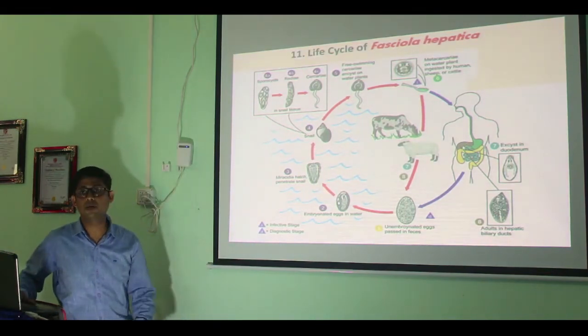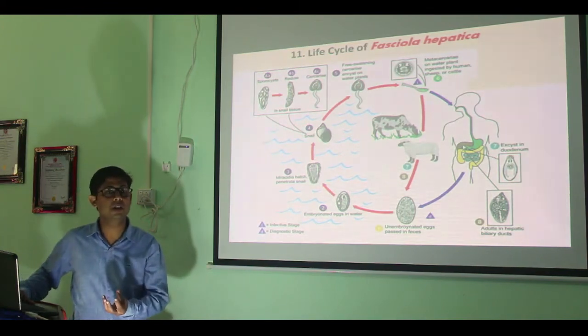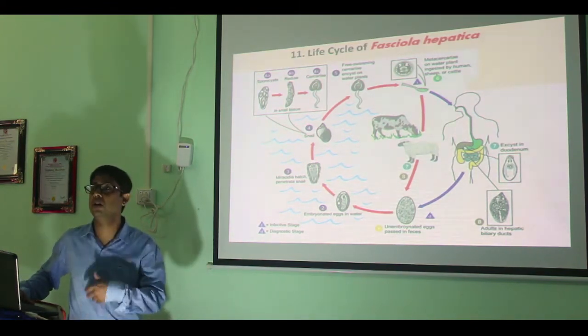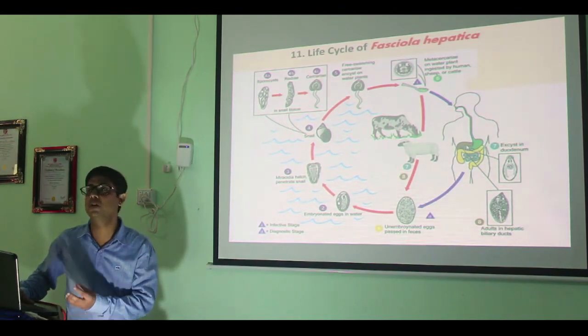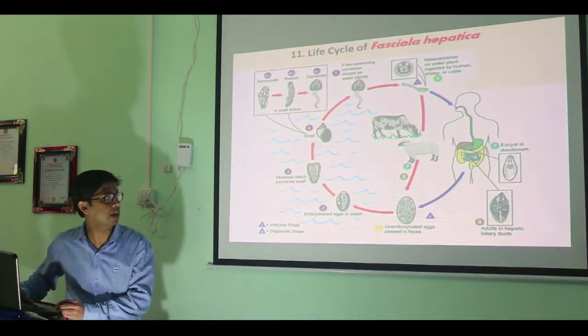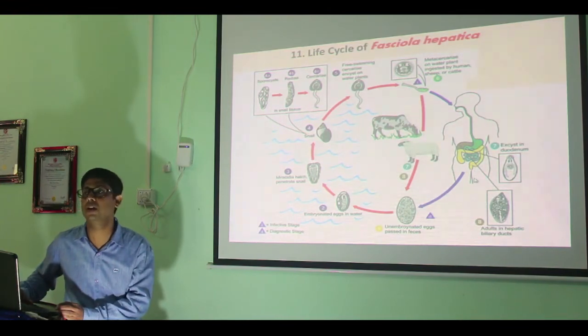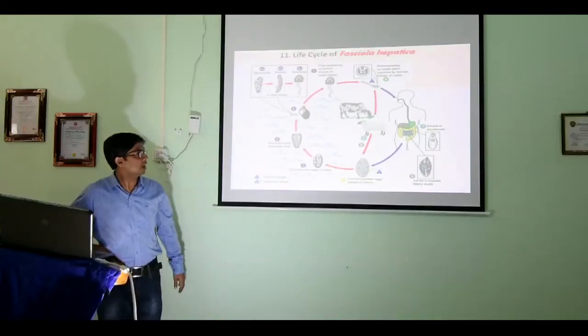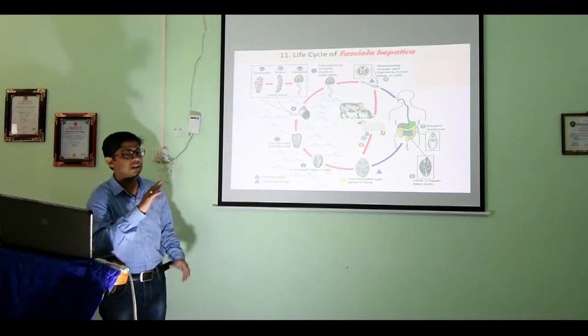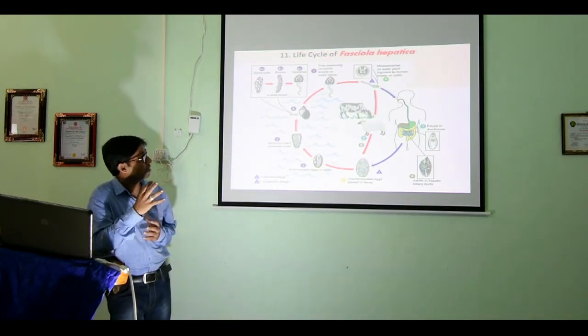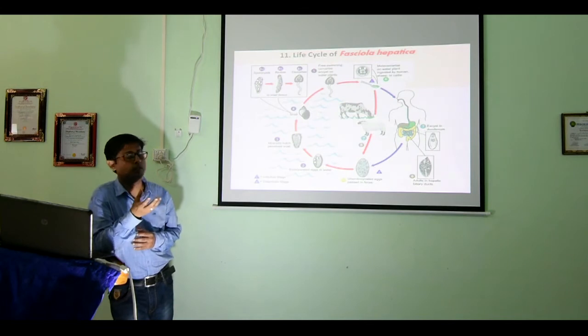In the liver they will attain reproductive maturity, and again they will fertilize their eggs, and the fertilized eggs will be released in the bile duct and again be passed through the feces of the primary host. Now from this complicated type of life cycle, we can just imagine how different forms are developed in Fasciola hepatica.